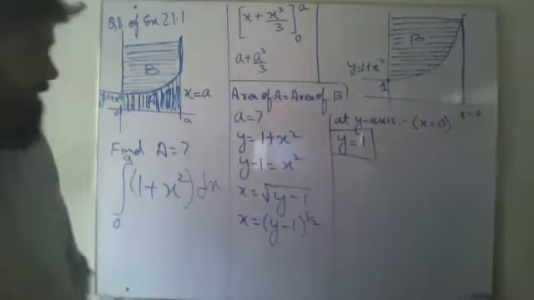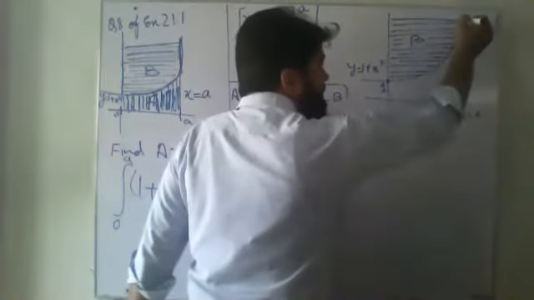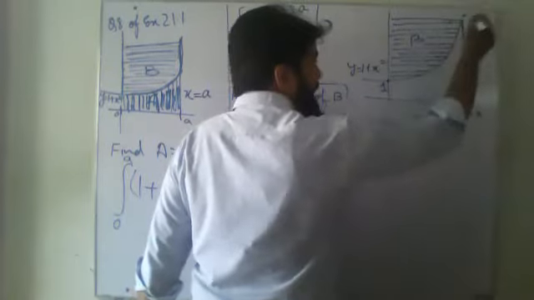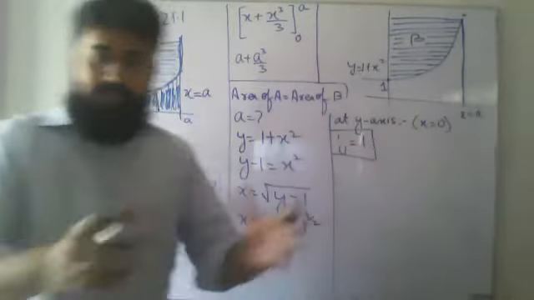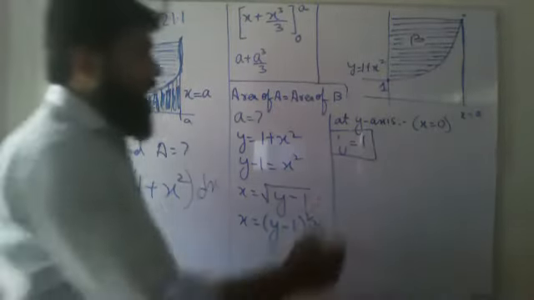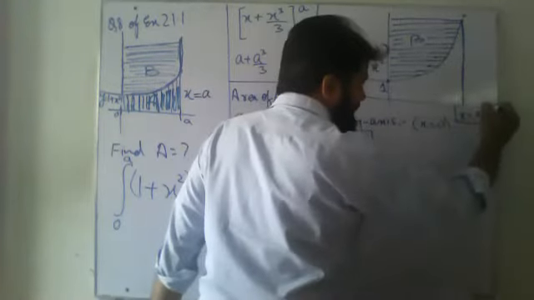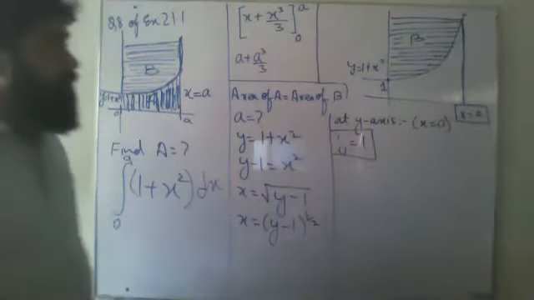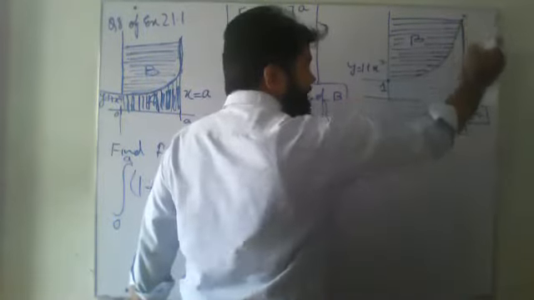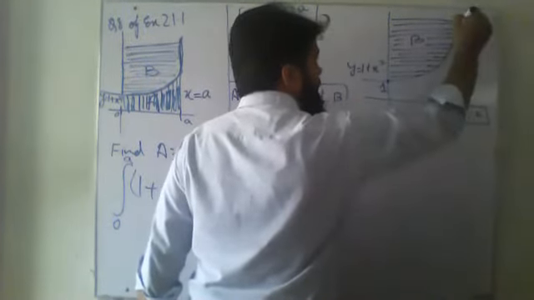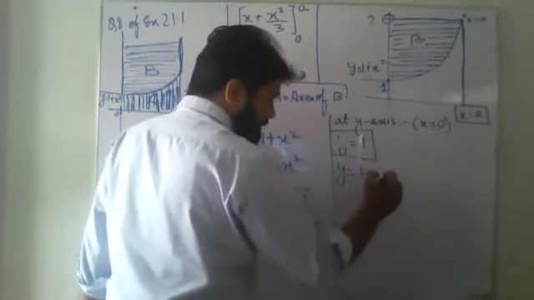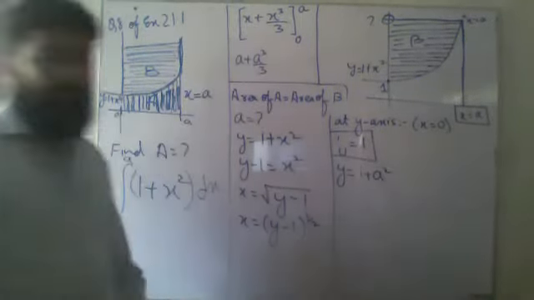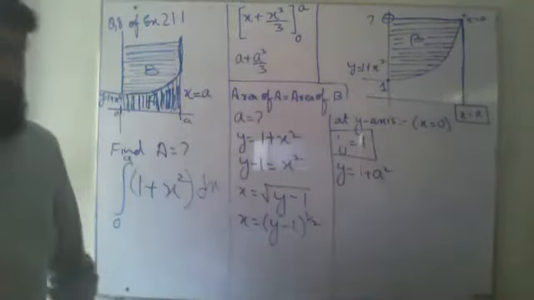Now, for the second part, this is the ending point of the limit over here. You can see it in your book, that is more visible. At that point, x is given as a. So if at this point x is a, what will be my y? How will I find it? y equals 1 plus x squared.